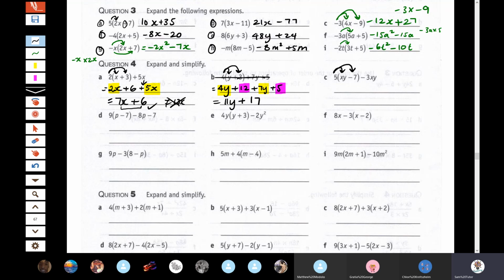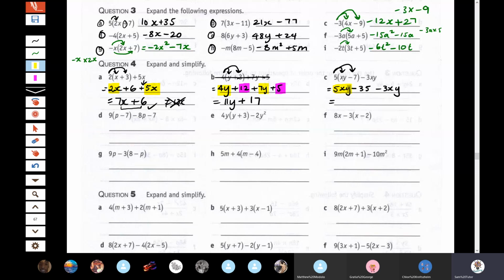Let's try this. 5 times xy is obviously 5xy. 5 times 7, but there's a negative, so it's negative 35. Minus 3xy. And just to finish it off, it's good to keep asking yourself, what are the like terms?